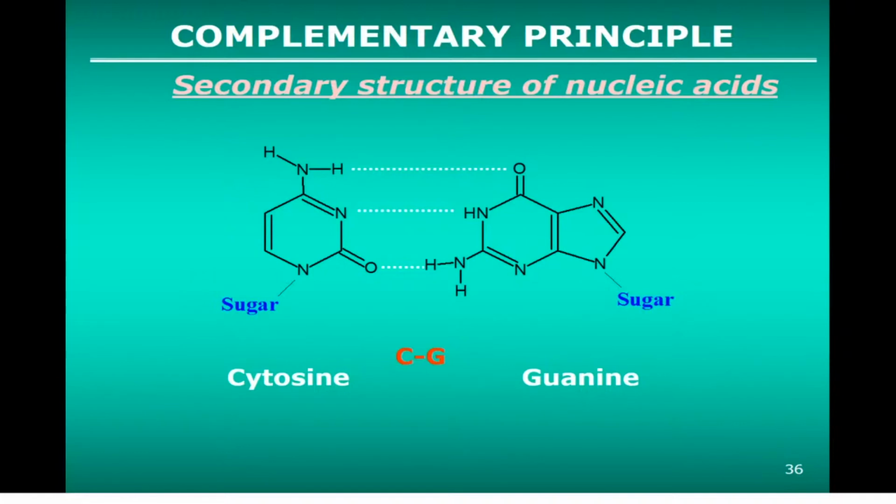3 of them. To illustrate the complementary principle in this cycle, in this bioorganic chemistry first year, you need to just mention that according to this principle, the secondary structure of DNA and RNA is stabilized by hydrogen bonds, and there are 2 base pairs.